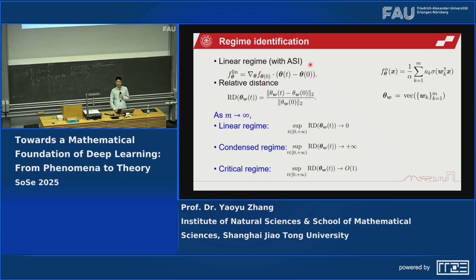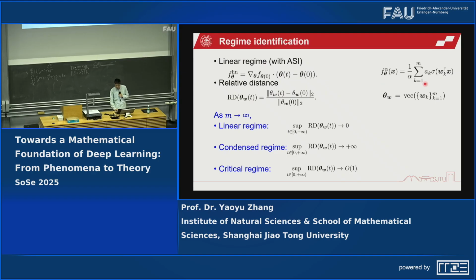This is the linear counterpart. And the linear regime is a regime where the evolution of this linear model is almost the same as the evolution of the neural network throughout the training. That is the idea of the linear regime.